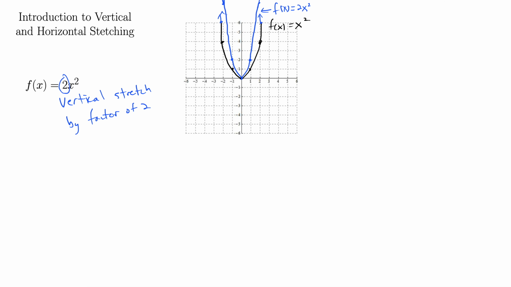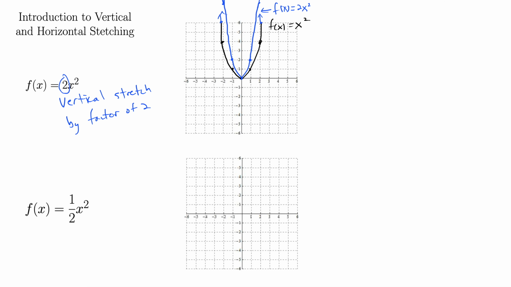Let's try another one. Here we have f of x equals 1/2 x squared. So the first example was a vertical stretch. The second example with a 1/2 out here is going to be a horizontal stretch.